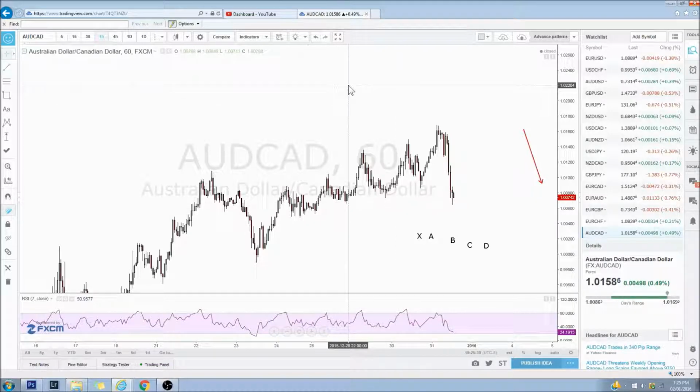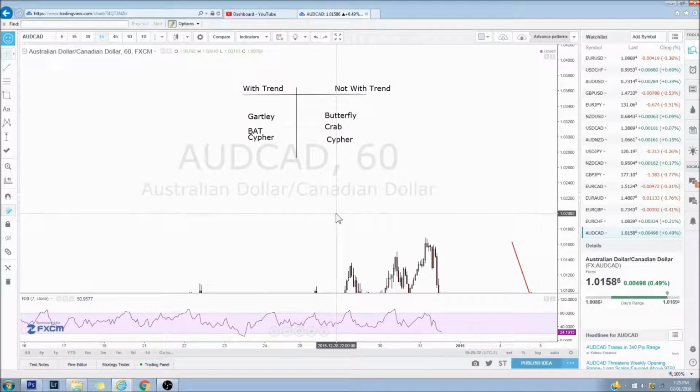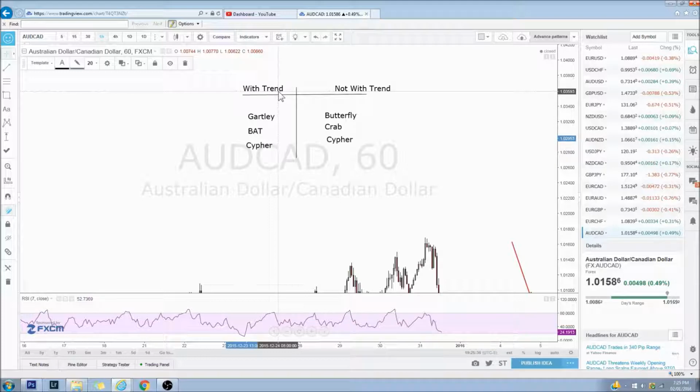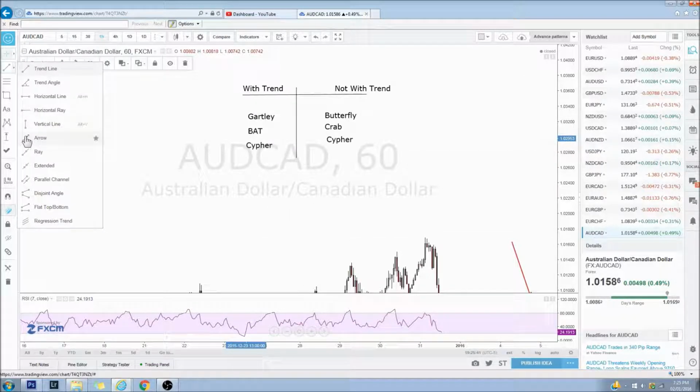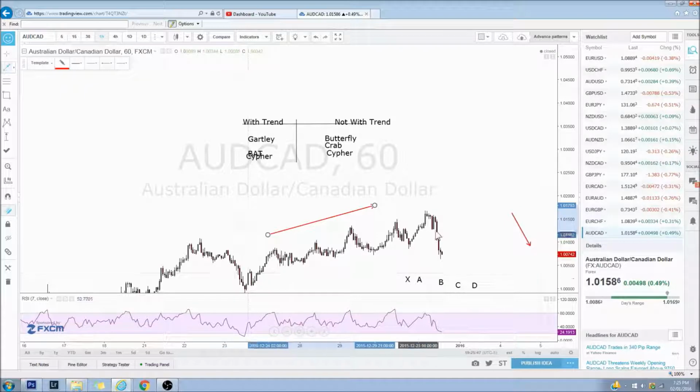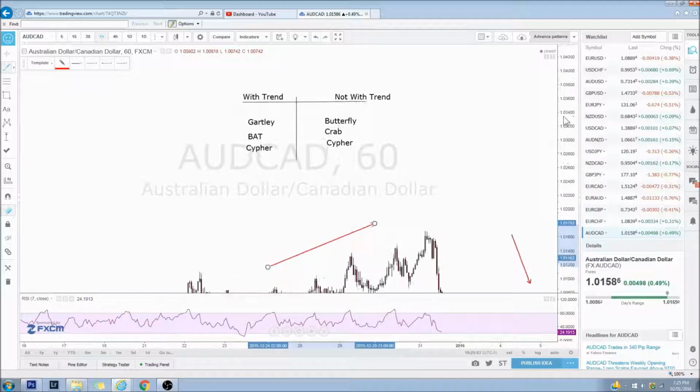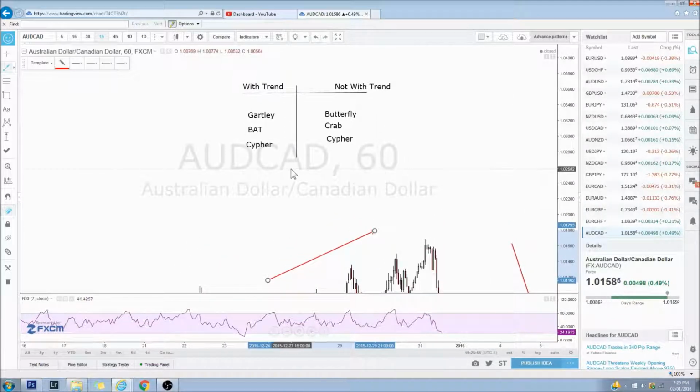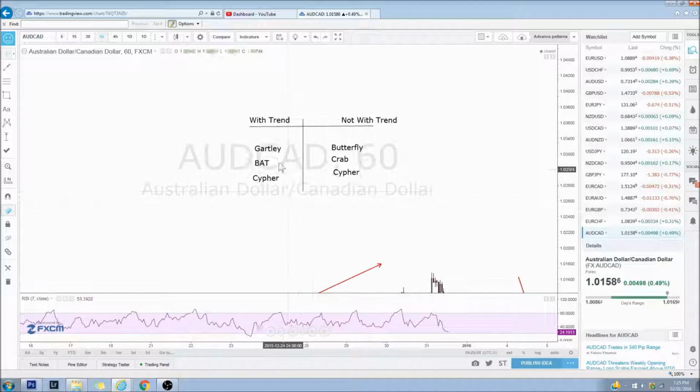Anything with the trend, meaning I want to buy with this trend going up. Because this trend is going up, I want to go with the trend. I want to buy. So every buy signal that I get, I want it to be either a Gartley, a bat, or a cipher.